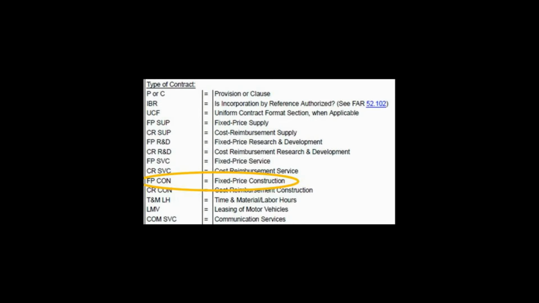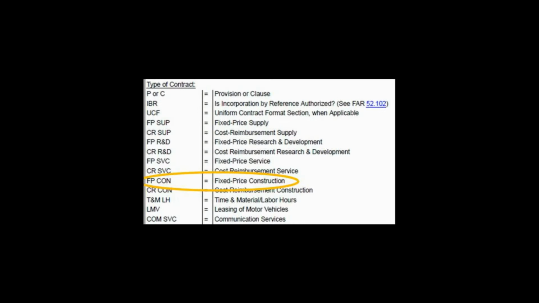And here's a piece of it, and you can see that one piece is the type of contract. The FAR covers all types of contracts, and normally we're not interested in all types of contracts.